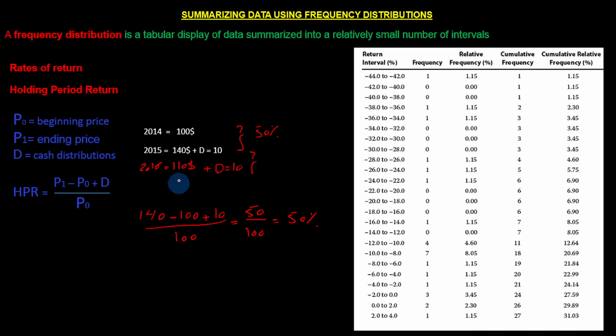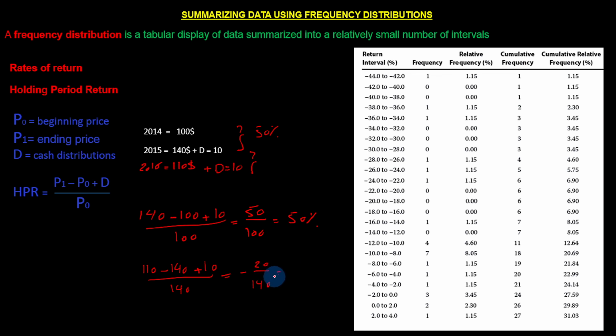So let's calculate the holding period return for this year. Now, my ending price, 110, minus my beginning price, this time is 140, plus the $10 dividend, everything over the initial price, this time is 140. Okay, now it's clear that price-wise, I lost $30, but I got $10 of dividends, so overall minus 20 over 140, right?